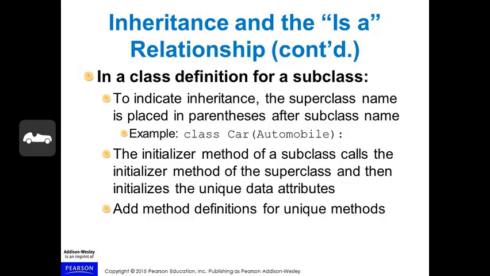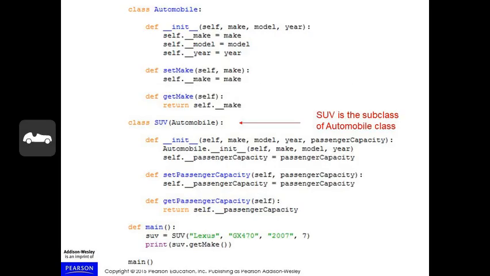Now let's take a look at an example of the code. So the automobile class is the superclass, which has its own initializer method to initialize the make, model, year. These are the common attributes for all the automobile objects. And the SUV class is the subclass.